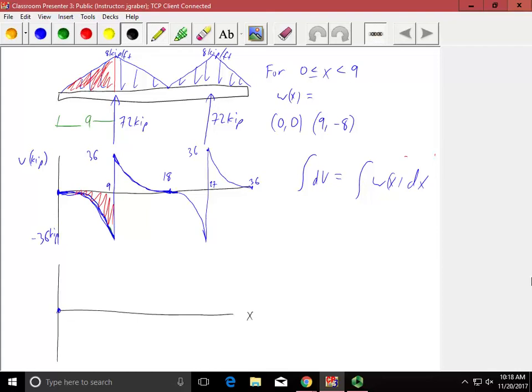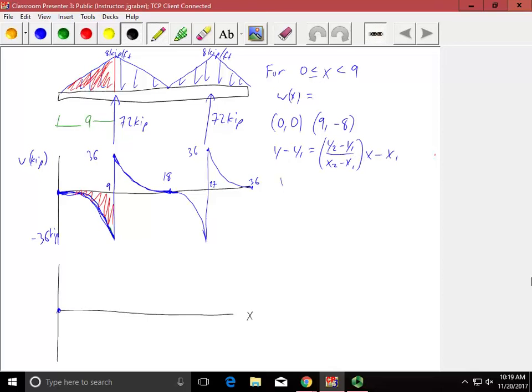Now that I have those 2 points, I like point slope form because then I only have to remember one thing. What is point slope form? y minus y1 equals (y2 minus y1) over (x2 minus x1) times (x minus x1).